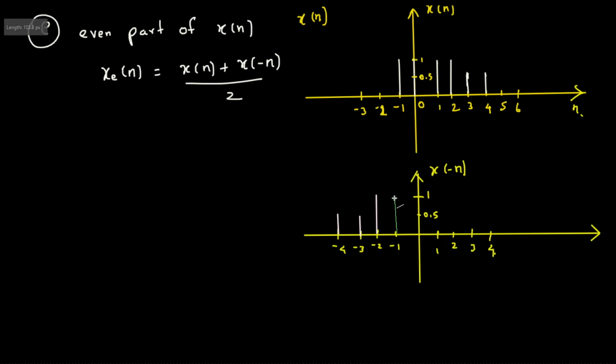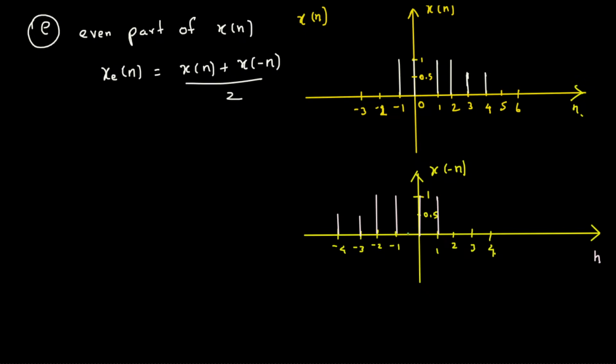Here these are 1s. And now you can see this is a graph that is flipped. Actually flipped in the y-axis, you can say. This is the y-axis and it's flipped in the y-axis.